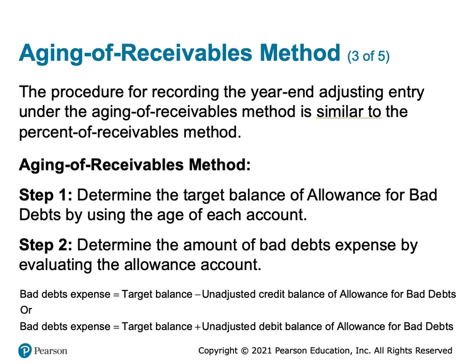So then the actual process of making the adjustments is very similar to the percent of receivables method. So we'll start by determining the target balance for the allowance for bad debts, and then determine how to adjust the account accordingly.